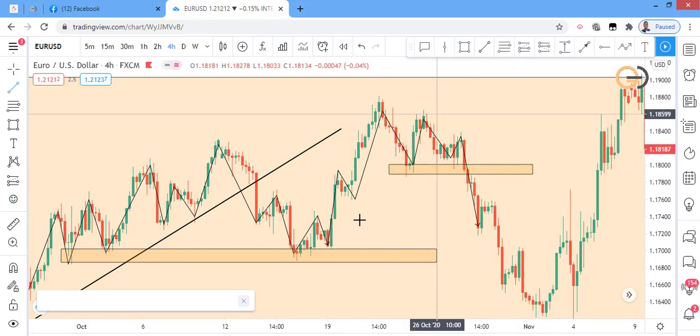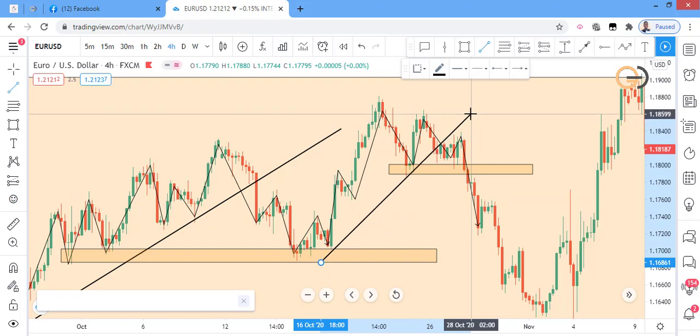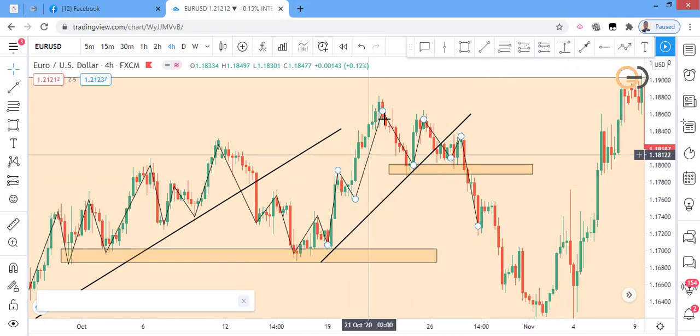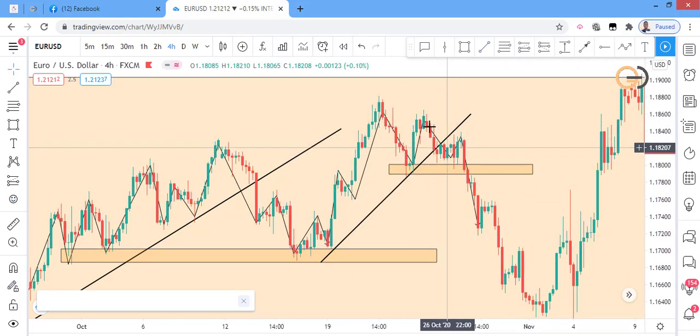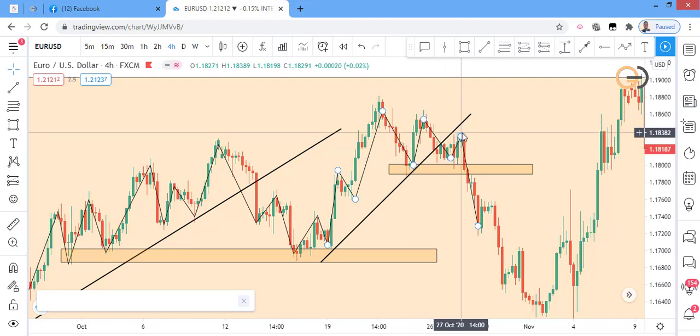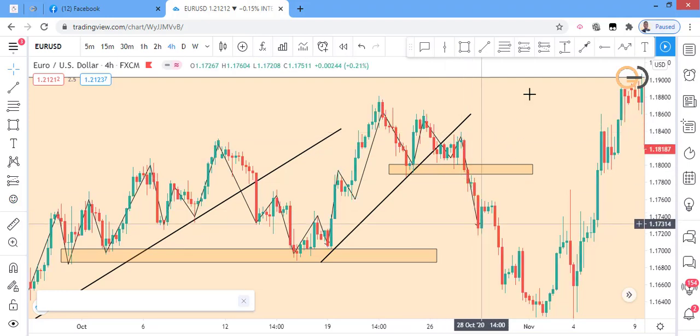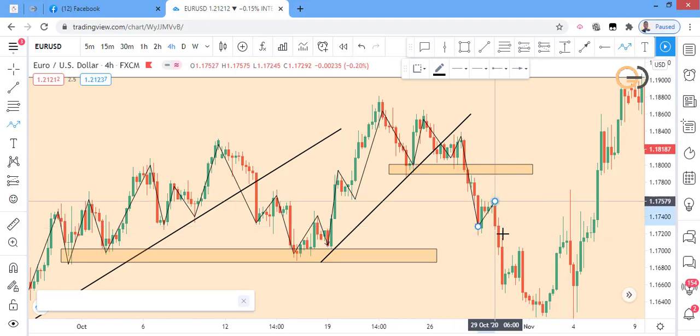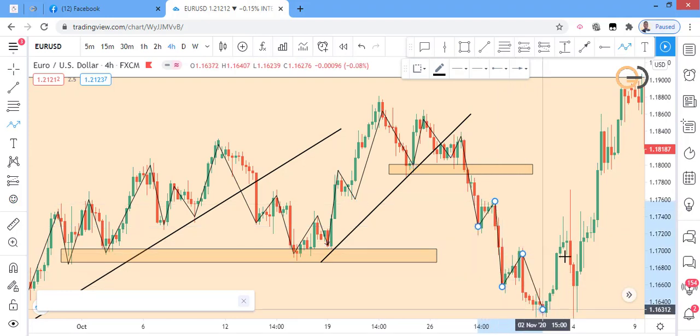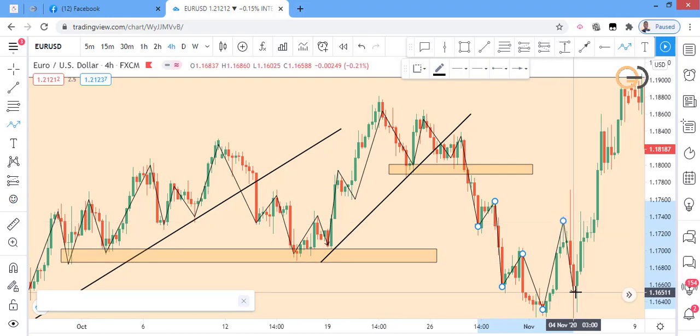The trend was up, higher highs and higher lows. The low was broken, then it formed a lower high, lower low, and then we have a lower high, lower low. Then we had a high, we had a low, we had a higher high.